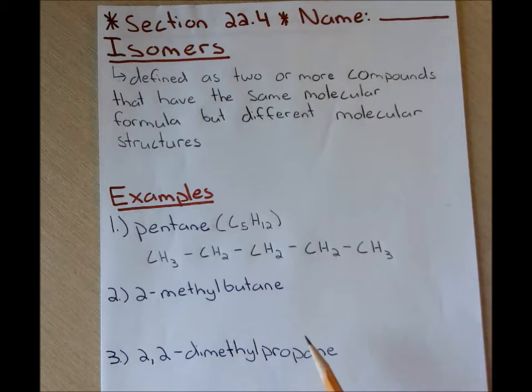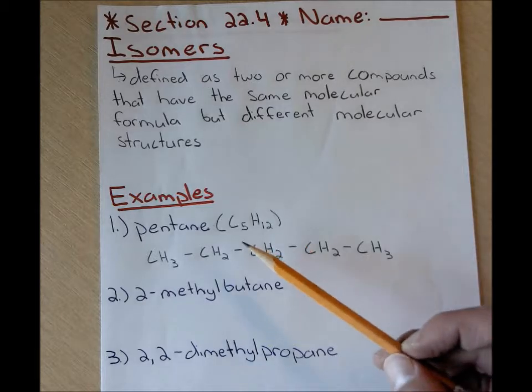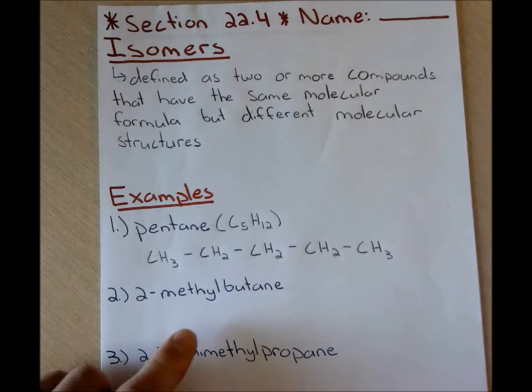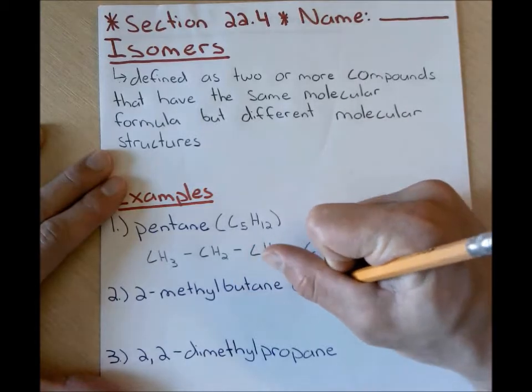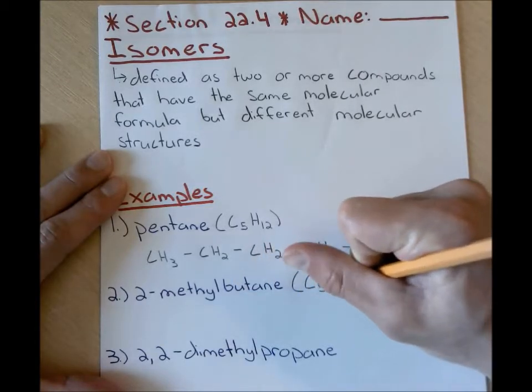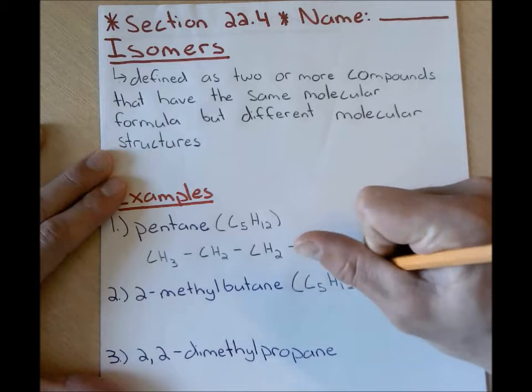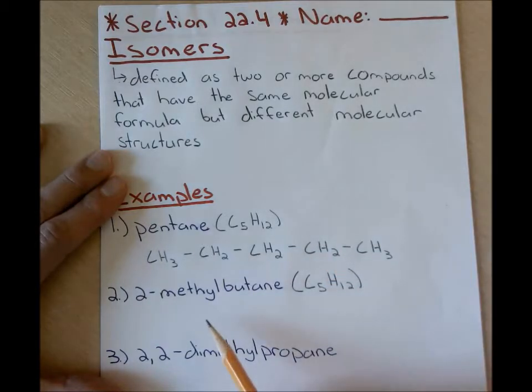Now, 2-methylbutane is an isomer of pentane. Again, the molecular formula is C5H12, but this time we have to draw our structure a little differently.